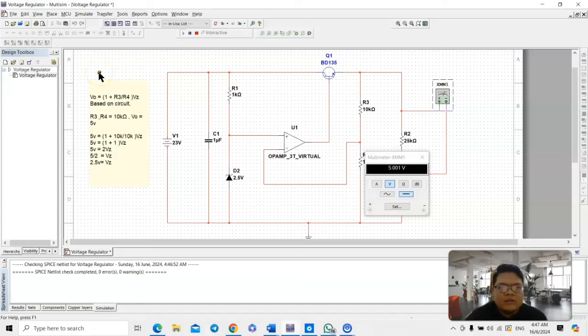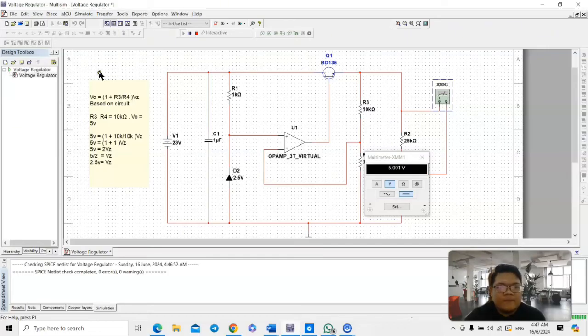So here is the calculation that I do to get the value of the Zener diode. First, the formula that I use is V out equal to 1 plus R3 over R4, multiplied by the Zener voltage.